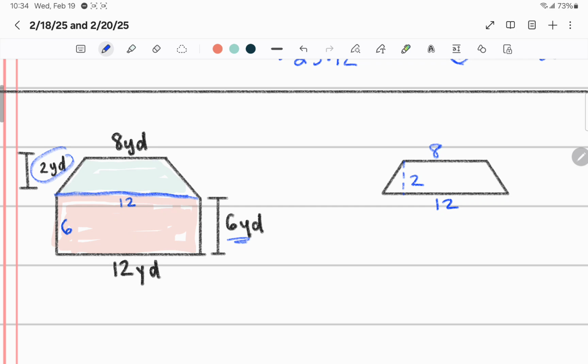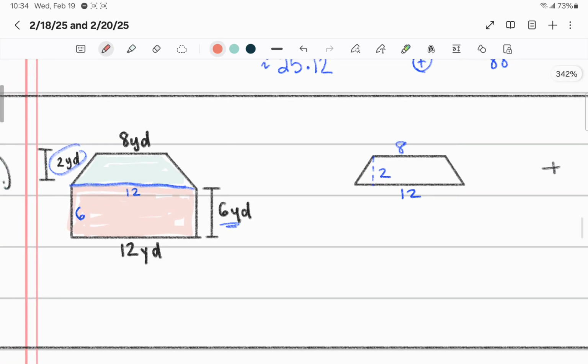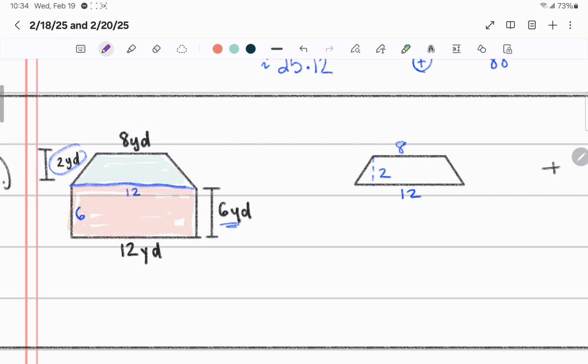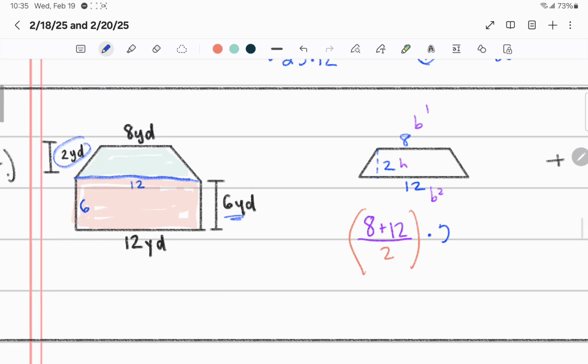Again, you should have your formulas at the top of the page. I can't zoom it out because then it'll be too small. So this would be B1, B2, and then the height. For the formula, we do 8 plus 12, divide that by 2 first. We always divide it by 2, and then we multiply it times the height, which is 2.